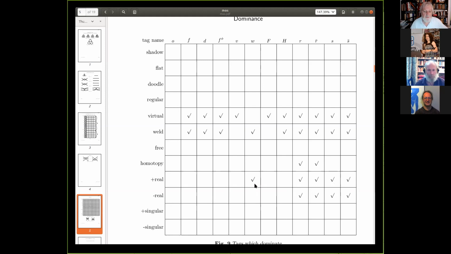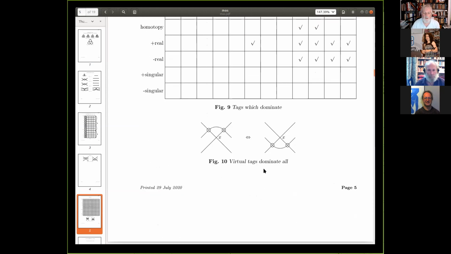If you had both of them, then you'd get a trivial knot theory. Okay, so that's the idea of a generalized knot theory. And here's a picture of virtual sliding over X, or past X, or whatever you like to think. Virtual tags dominate all.